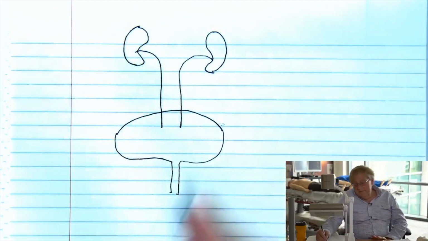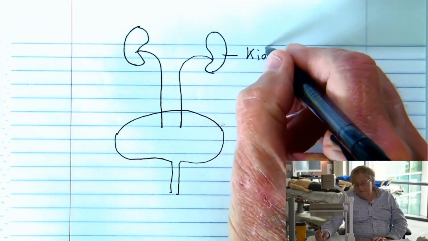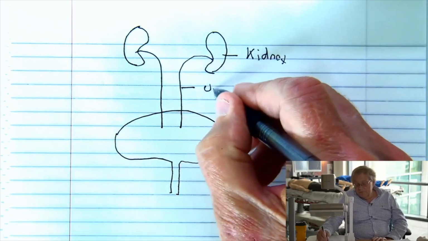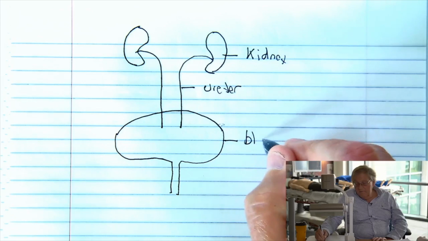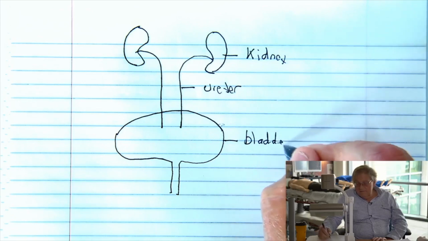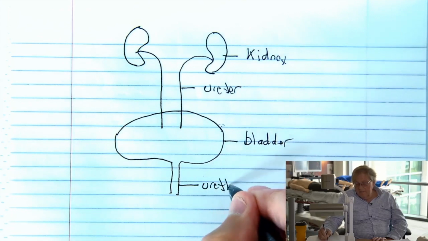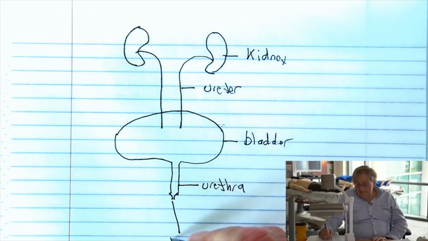Just remember that, and I'm not going to dwell on it, but that's a kidney. And this is going to be a ureter. And this is my bladder. And this is my urethra. And then this opening of my urethra is going to be my meatus.